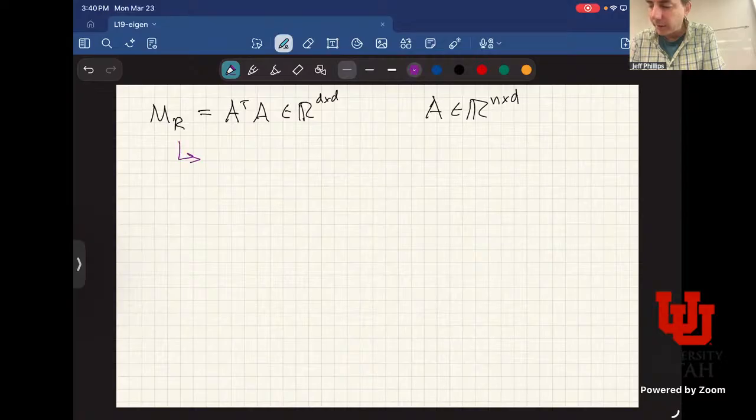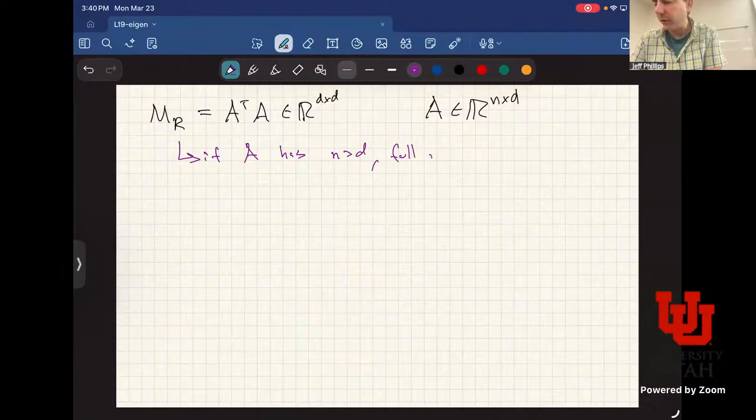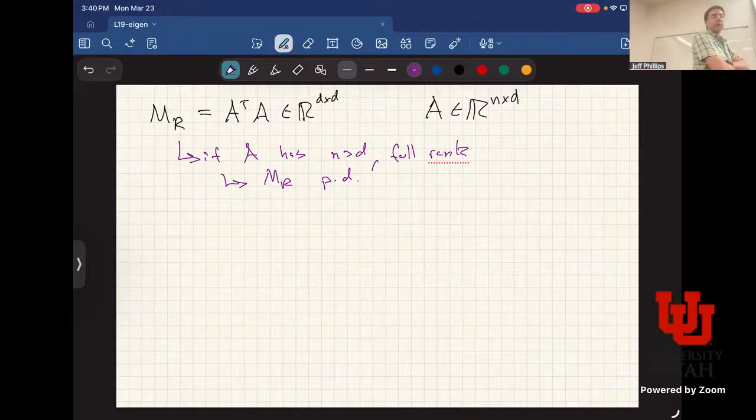So if A has N greater than D and full rank, then M R is going to be positive definite. So if I start with real values in A, and N is bigger than D, and it's full rank, so its rank is D, then it's going to be positive definite.